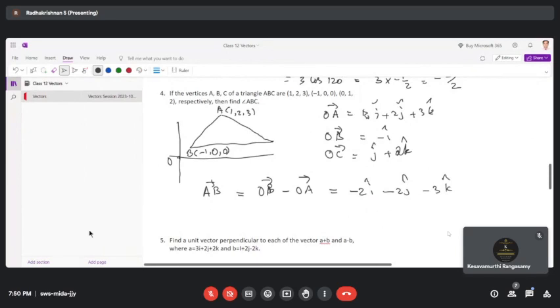Similarly, let us calculate the other side. We want the angle ABC, which means we need BA and BC for that, right? So AB is this, and what is BA? Minus AB, correct. So you can simply remove the minus sign from this.